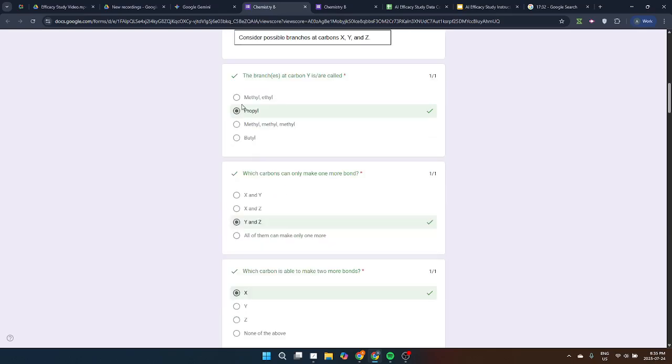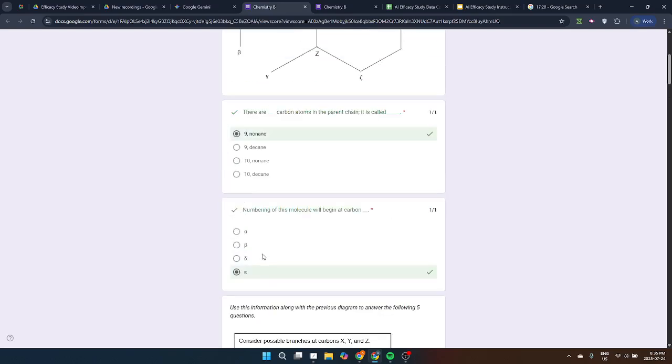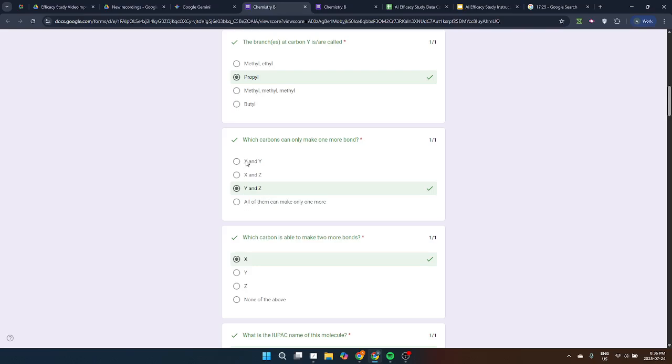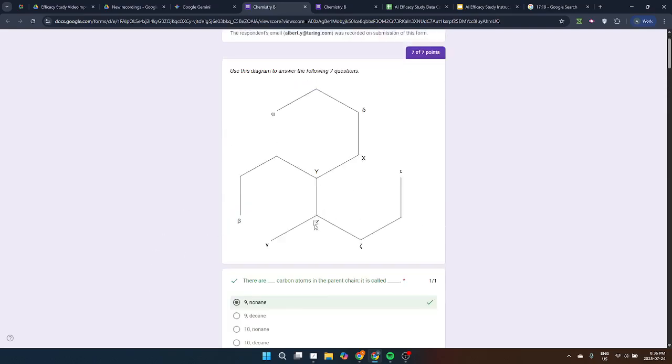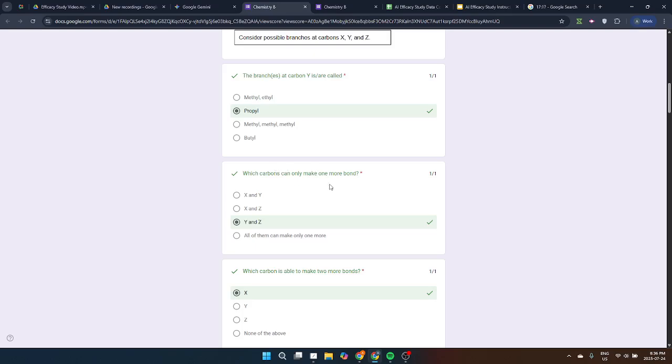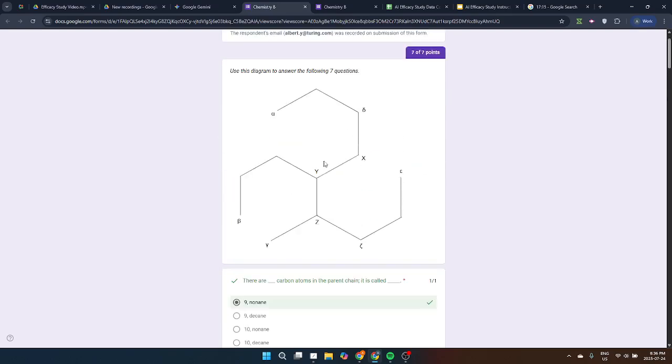So I put propyl, and then which carbons can only make one bond. For this multiple choice question, they gave primarily X, Y, and Z. And so I basically looked at them and their availability to make further bonds given their current capacity.